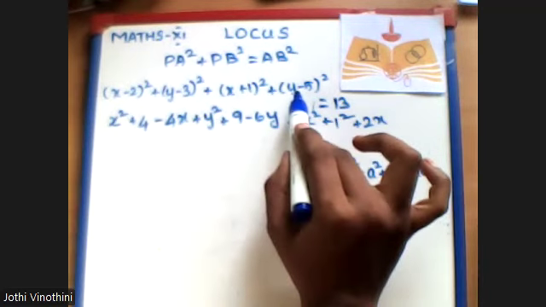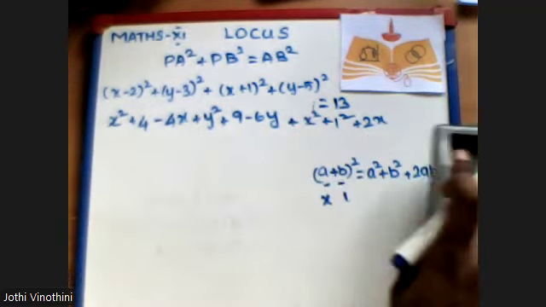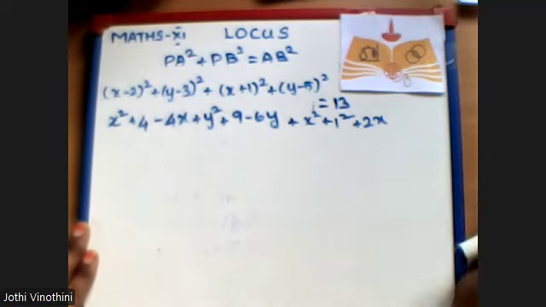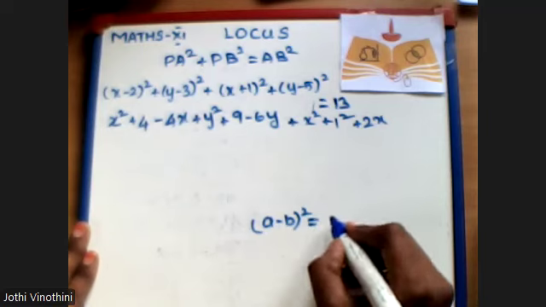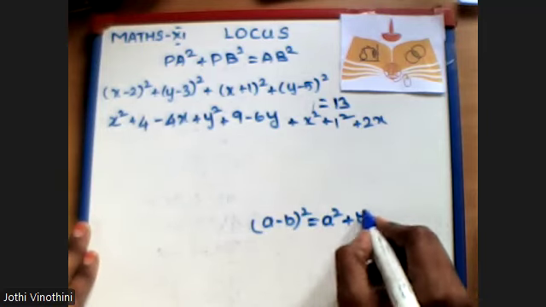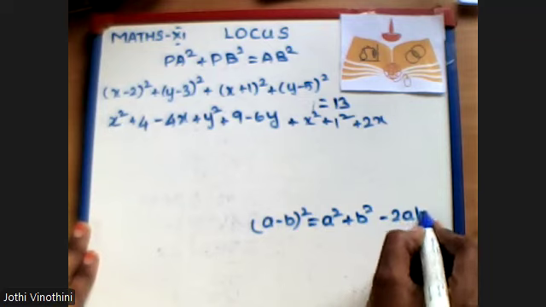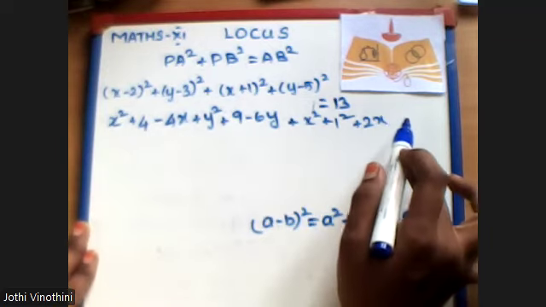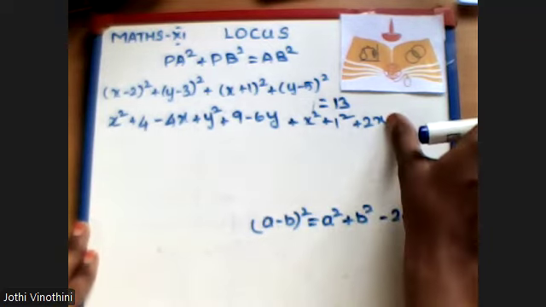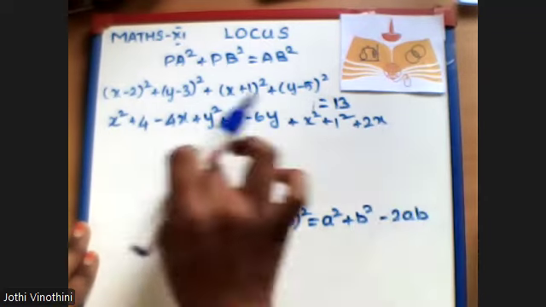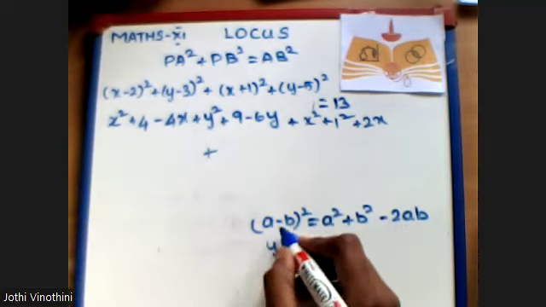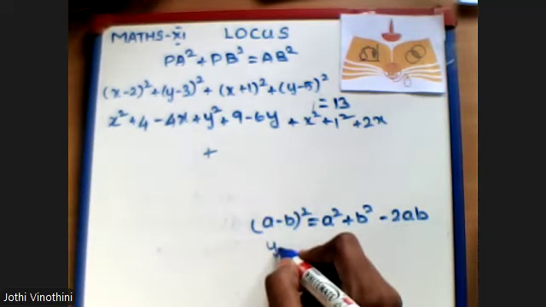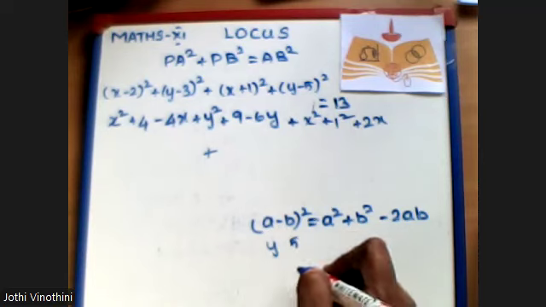Again, we have y minus 5 the whole square, which again resembles a minus b the whole square, which is equals a squared plus b squared minus 2ab. Okay, I don't have sufficient place to write here, so I will continue to write from here onwards. So, plus y will be in place of a and 5 will be in place of b.